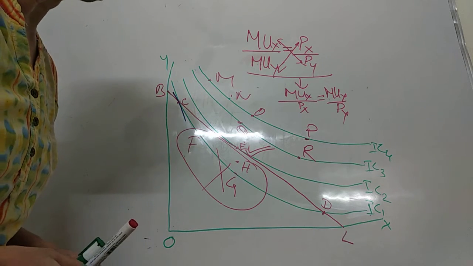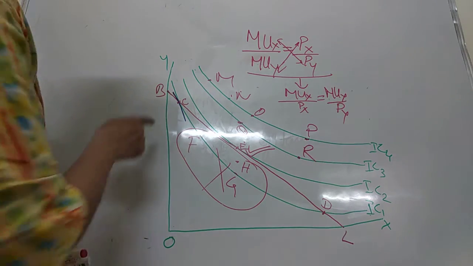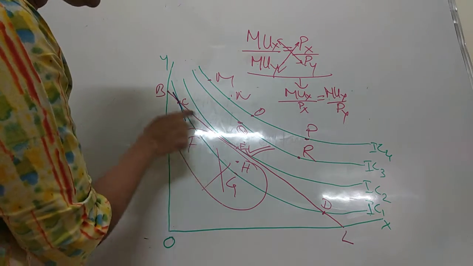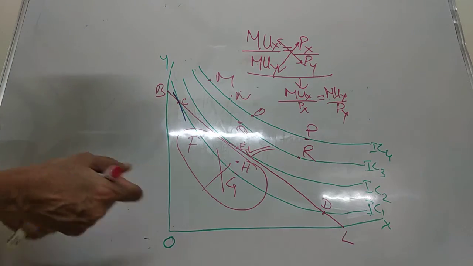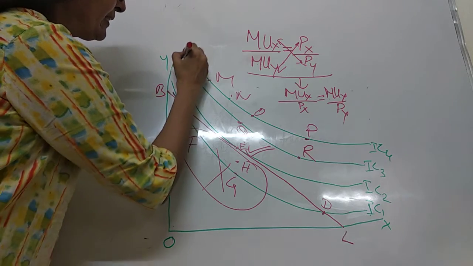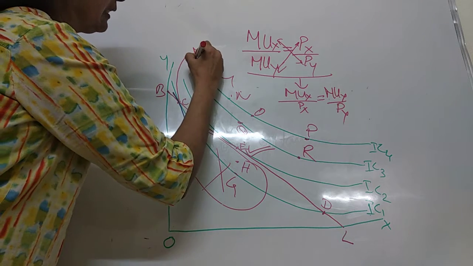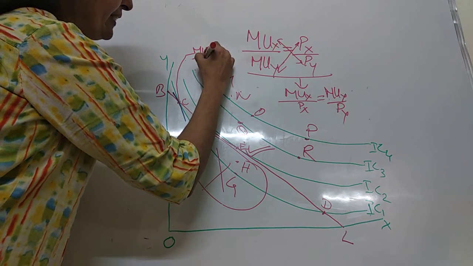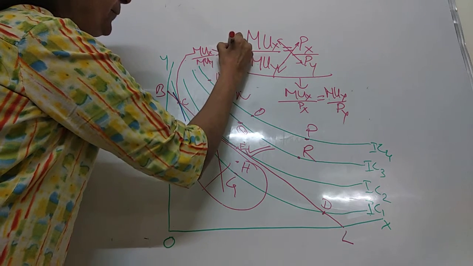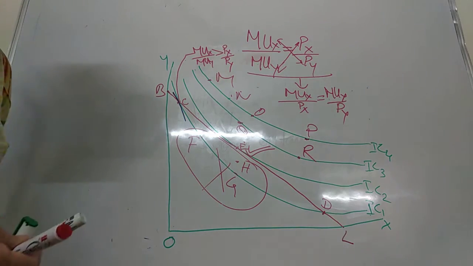The budget line is given in red and the tangent to the indifference curve 1 at point C is given to us by the blue line, which means the blue line is steeper than the budget line, which means at this point, I'm writing it here, at this point the slope of IC, that is MUX upon MUY, is greater than PX upon PY. That is the slope of budget line, right?